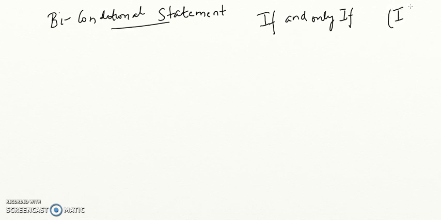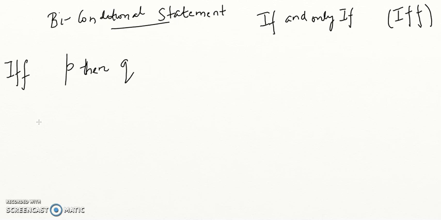We used to write it as a shorthand of IFF, if and only if. So in this case, what happens? Two simple statements are connected by the phrase if and only if. So let's say P and Q are connected by if and only if. For example, if and only if P, then Q. Then this becomes a biconditional statement.